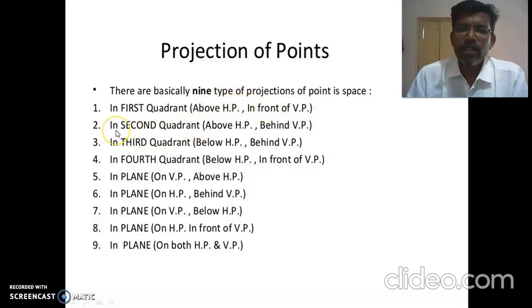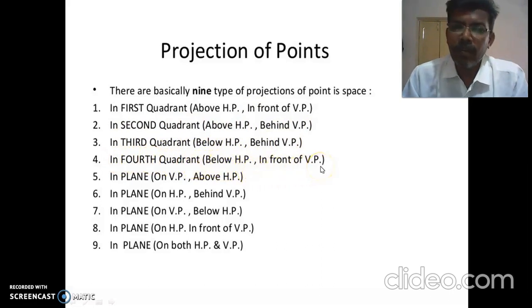The second condition is the second quadrant: above the horizontal plane and behind the vertical plane. In the third quadrant, the object is placed below the horizontal plane and behind the vertical plane. In the fourth quadrant, the position is below the horizontal plane and in front of the vertical plane.